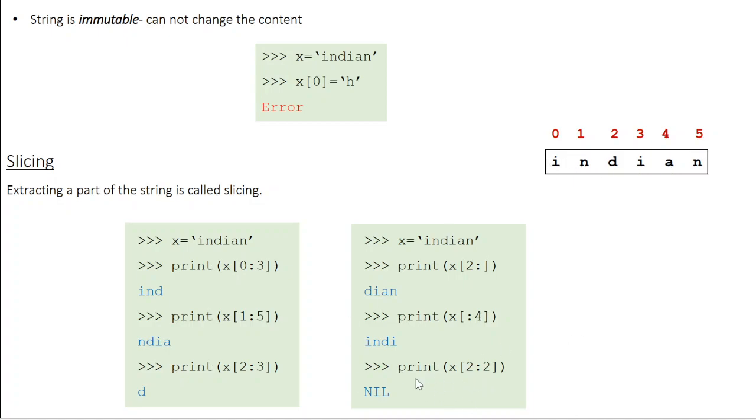So here this is a meaningless statement, so Python gives you a nil result. Basically it doesn't print anything. There is no error, it just shows you a blank screen because this is a meaningless instruction for Python. So this is how you extract a part of the string using the indices.